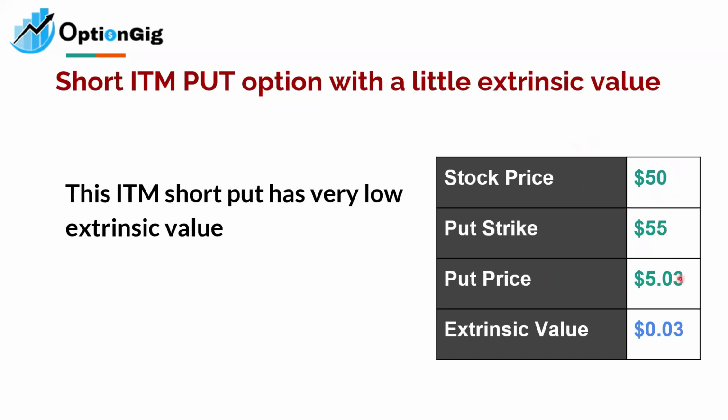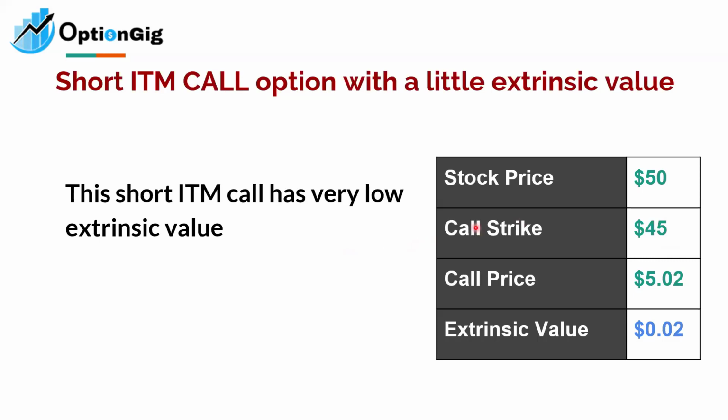Based on what we learned today, the $5 is intrinsic value: the strike price is higher than the stock price, this is a put option, and the difference of $5 is the intrinsic value. Extrinsic value is 3 cents. So even if there are 20 or 30 days remaining in this contract, I could be assigned anytime. So be prepared. If you have sold this put option at 55, make sure you have cash available to take an assignment at 55.